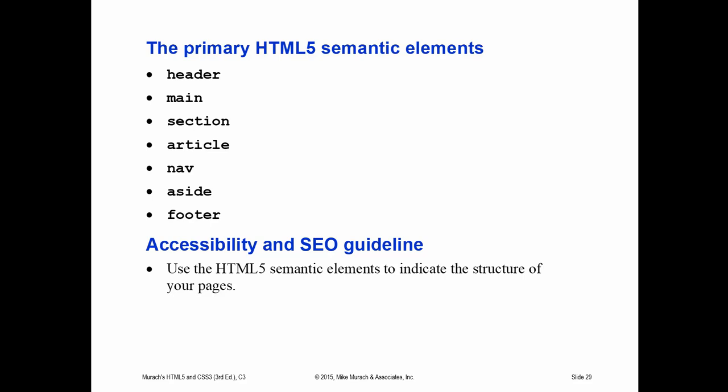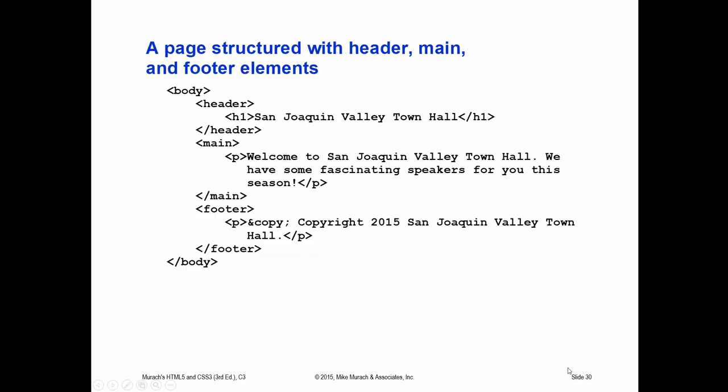You still use div tags, but many div tags have been replaced with header, main, section, article, nav, aside, and footer. People would say div ID equal header, div ID equal main, etc. But by giving them these names, it helps with search engine optimization. So you break it up like this.